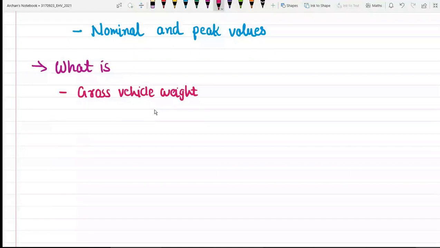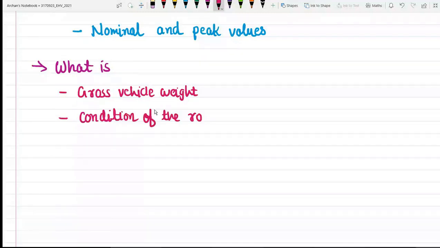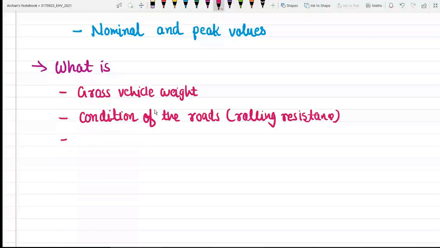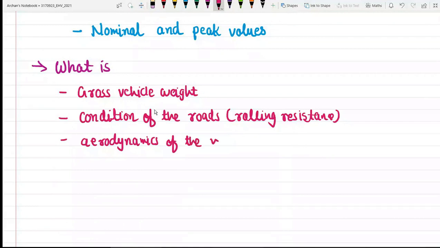Then it also depends on the condition of the roads, so you must know the condition of the roads, as it will generate the rolling resistance. Then you must know the aerodynamics of the vehicle, because this aerodynamics will give us some aerodynamic drag.